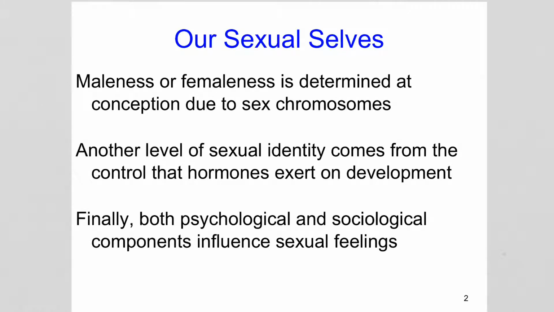So Chapter 6 starts out talking about what we really mean biologically when we're talking about the sex of an individual. So maleness or femaleness, for lack of another term to define these attributes, are both determined at conception. And that is due to the presence of the sex chromosomes that are passed on via the male and female gametes. Just like the rest of our chromosomes, we have a homologous pair of these chromosomes.